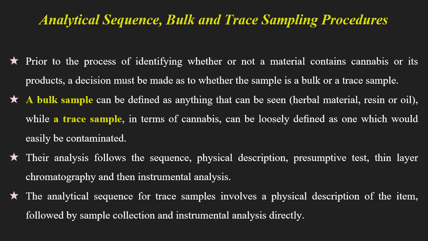Bulk analysis follows the sequence: physical description, presumptive tests, thin layer chromatography, and then instrumental analysis. The analytical sequence of trace samples involves a physical description of the item, followed by sample collection and instrumental analysis directly.